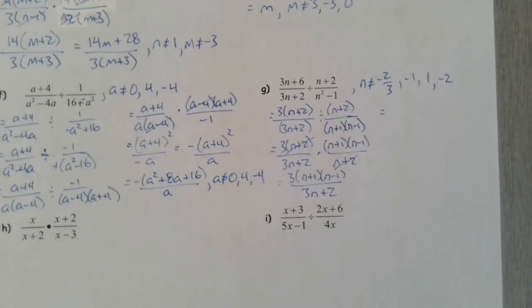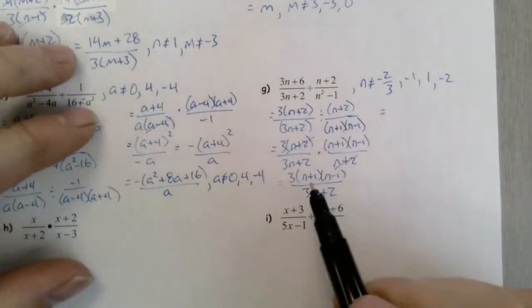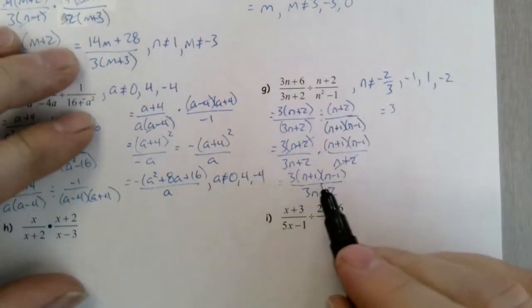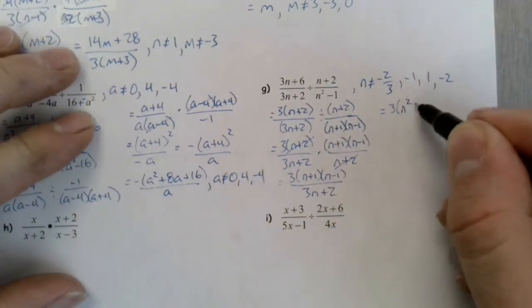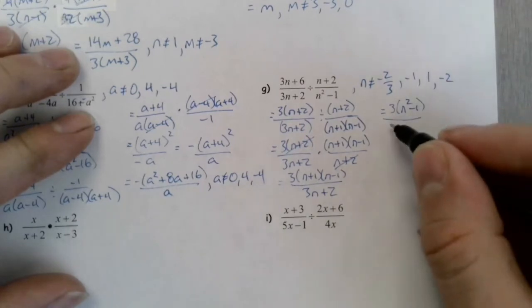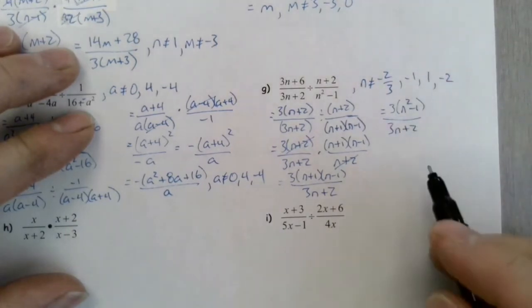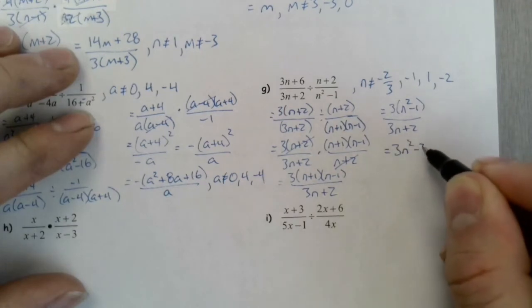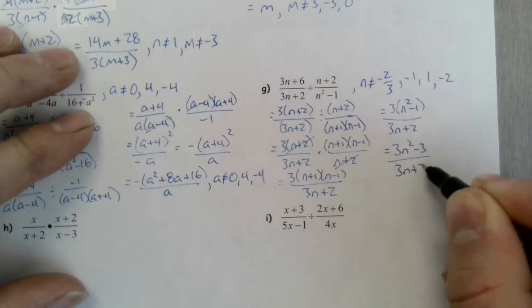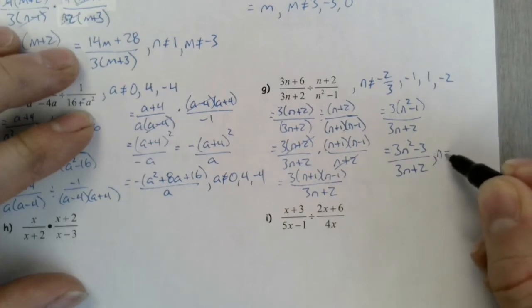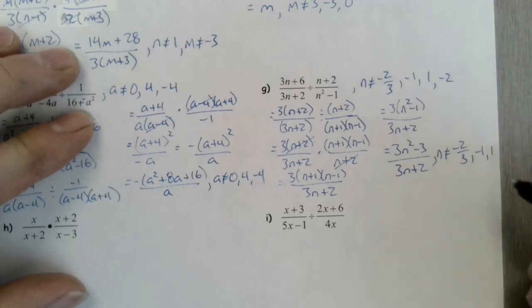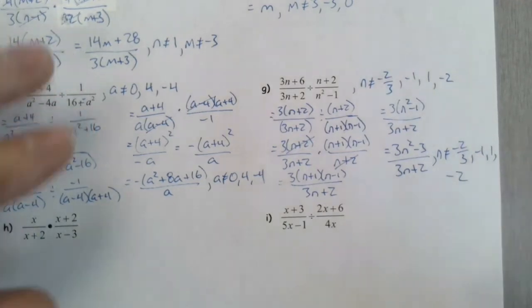But in this case, nothing did. But I like having the difference of squares multiplied out. Okay, so when I multiply n plus 1, n minus 1, I'm going to get n squared minus 1. I like that. That looks so clean. Okay, and now I'm going to multiply that 3 through to get 3n squared minus 3 over 3n plus 2. And now, n cannot equal negative 2/3, negative 1, 1, and yoink, negative 2.